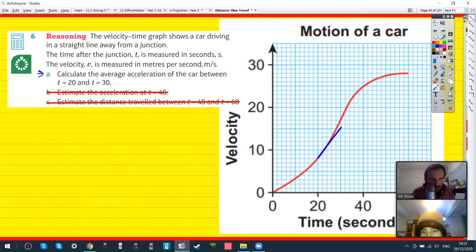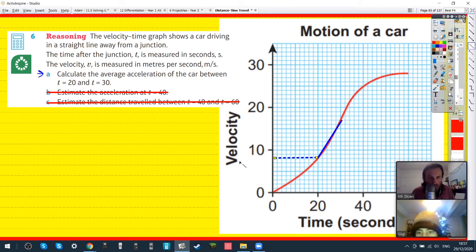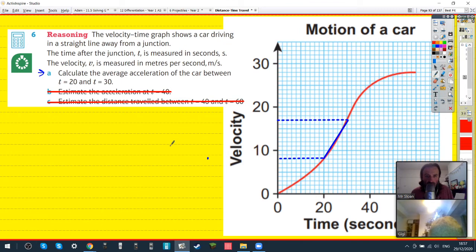So 30 is there. And the gradient of that would be 0.57.